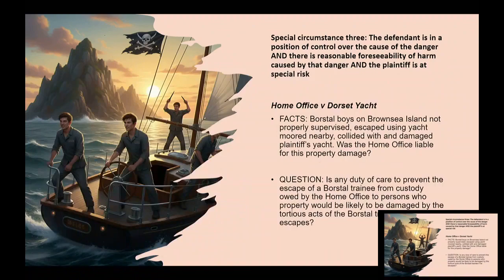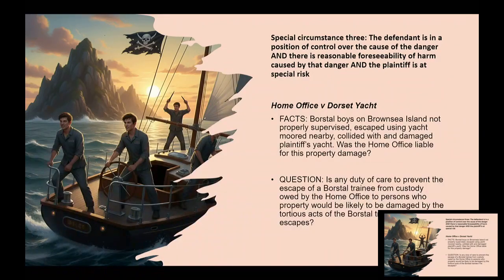duty was justified. So we've got a party of Borstal boys who are working on Brownsea Island in Poole Harbour under the supervision and control of three Borstal officers. Now, during the night, seven of these boys escaped. At the time of the escape, the three officers who are meant to be in charge of supervising these Borstal boys have all gone to bed in breach of their instructions, okay?